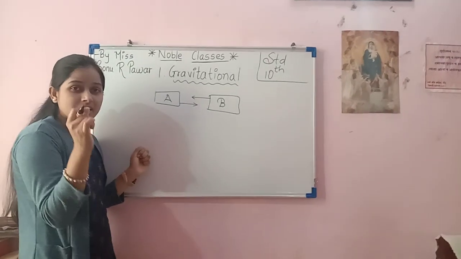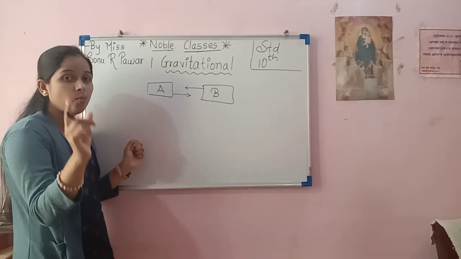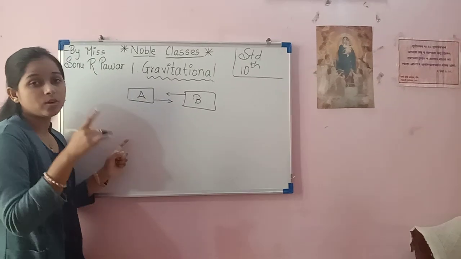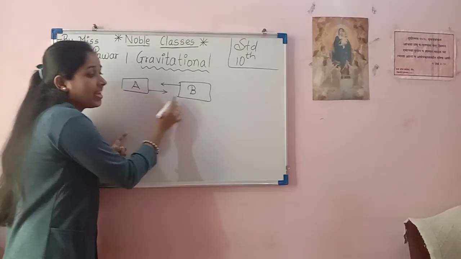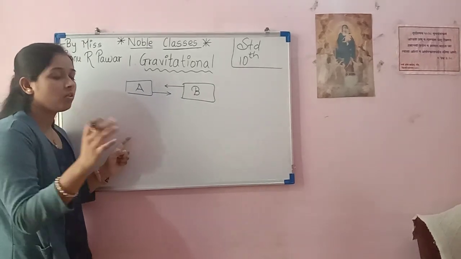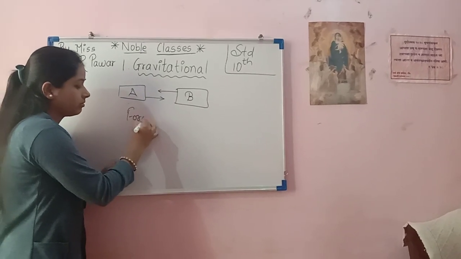So gravity is the phenomenon in which two objects in the entire universe try to attract each other with a certain amount of force. I hope you must be knowing what is force.